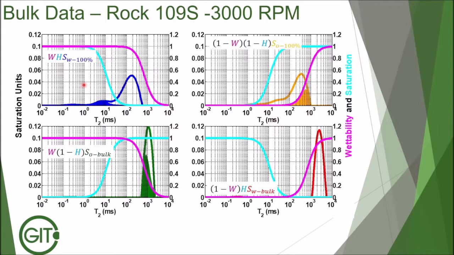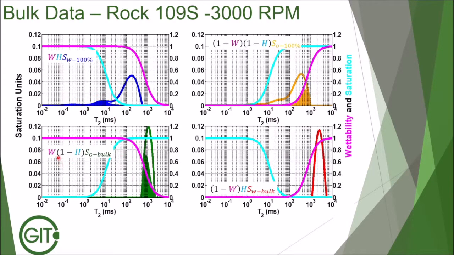So what becomes obvious now is how each measured T2 distribution contributes to the final estimated distribution once the model is applied. For example, if we look at the W times H times the 100% water saturated term, we see that from the 100% water saturated T2 distribution, there's only a small contribution shown here in dark blue.